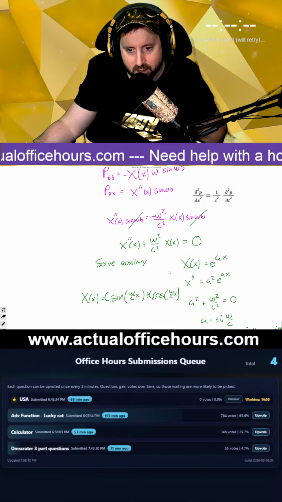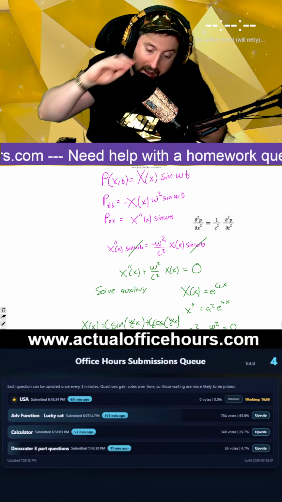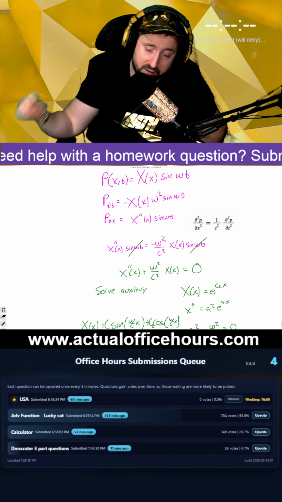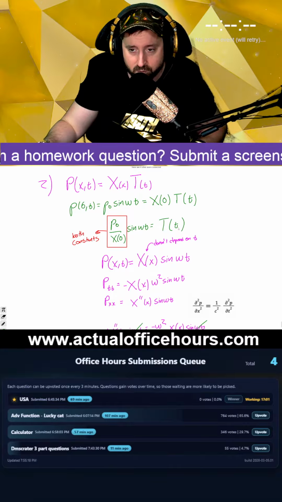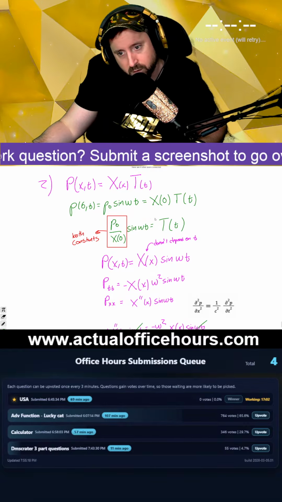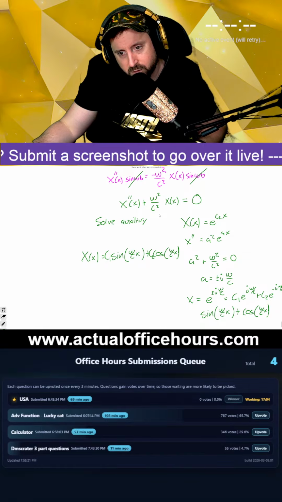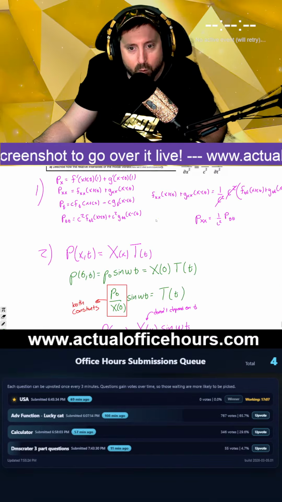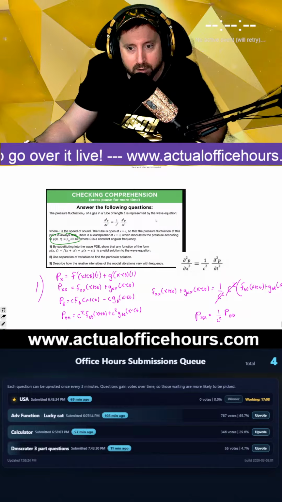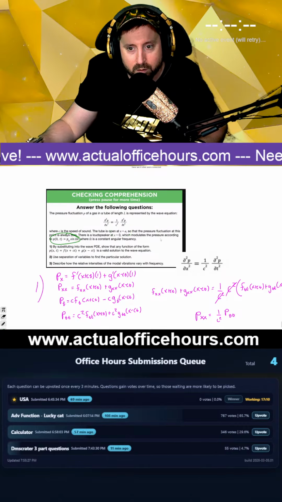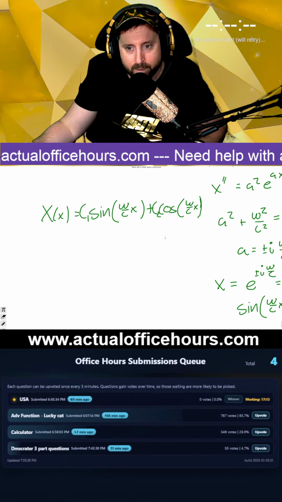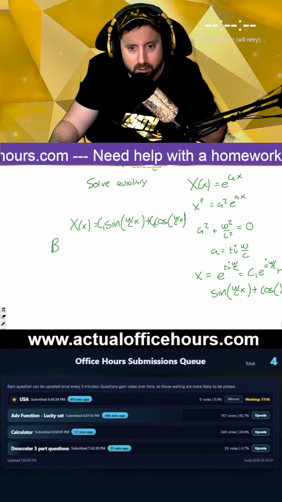And then I have that just multiplied by sine omega t, because that's what my T of t was. But we also have to solve the boundary conditions, though, right? You would use your boundary conditions to figure out what these specific values are.